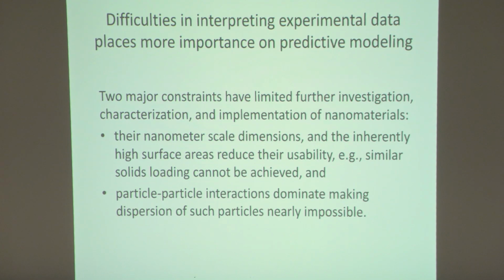Their nanometer-scale dimensions and inherently high surface areas reduce their usability. A similar solids loading cannot be achieved. If I just substitute nanoparticles at the same mass loading into a prepolymer, right away it'll consume all the liquid and it'll all be coated on the surface, and I won't be able to work with it because the viscosity is too high. And particle-particle interactions dominate, making the dispersion of such particles nearly impossible.